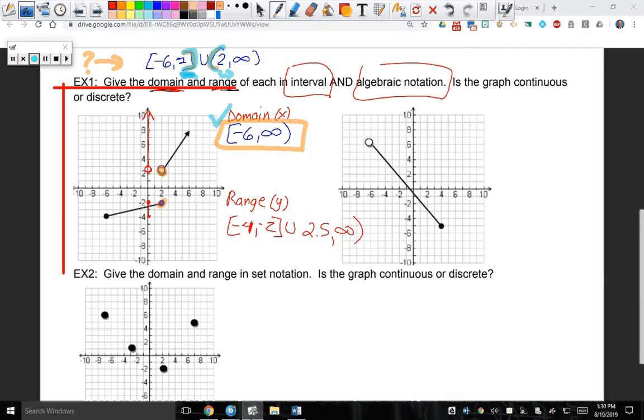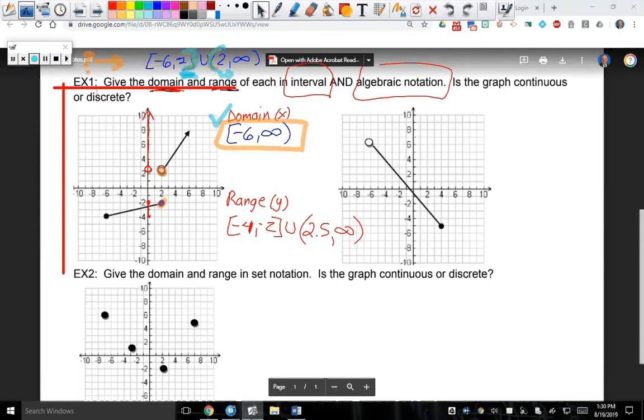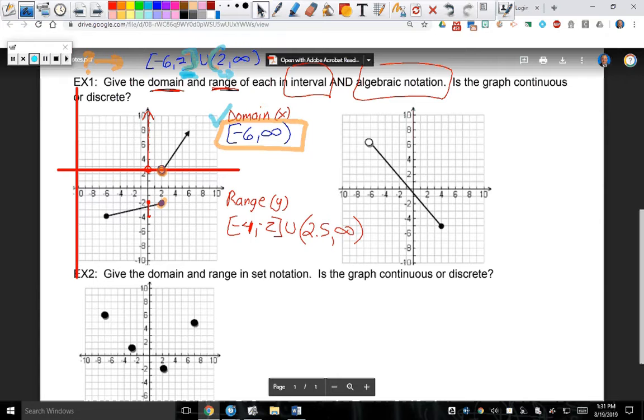It would be parentheses actually, because it's not hitting 2.5. Let me show you that on the graph. So, scrolling down. Right here, at 2 on the graph, it's open. It does not exist y-wise. It does exist x-wise.